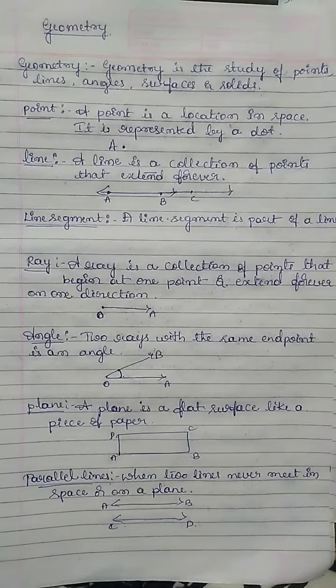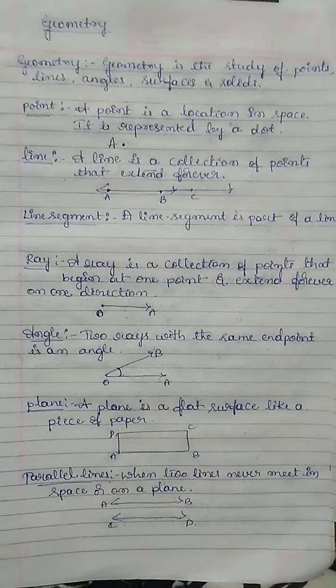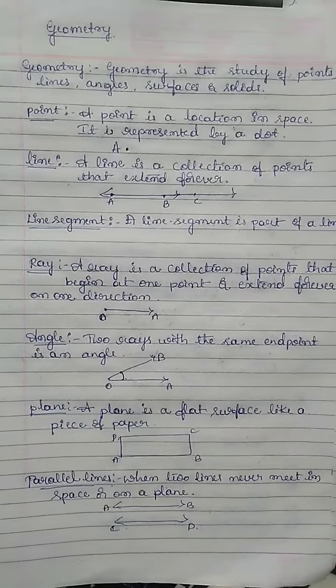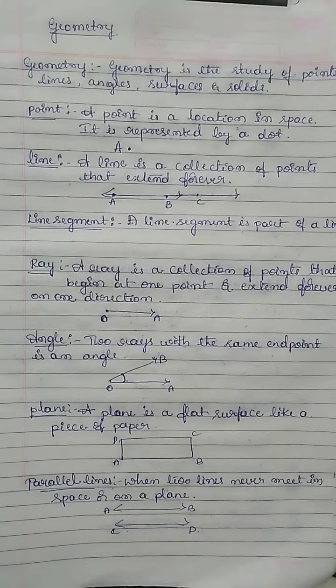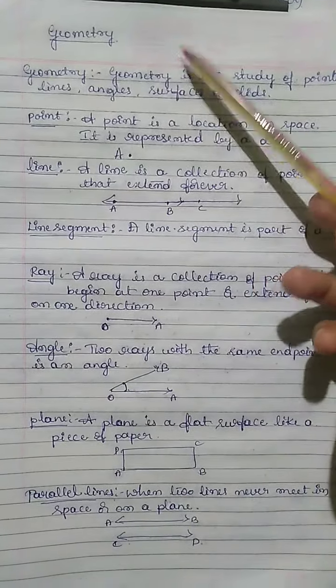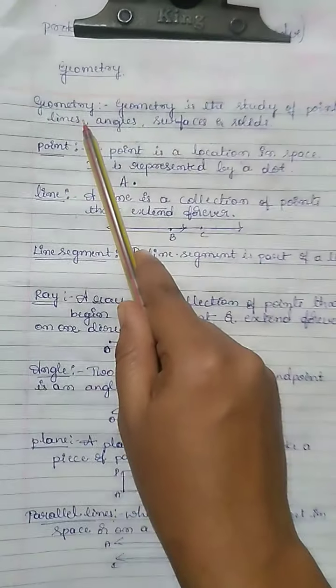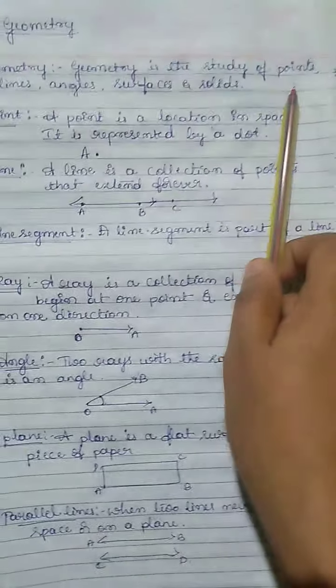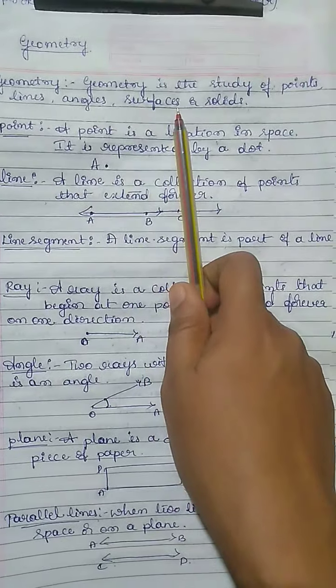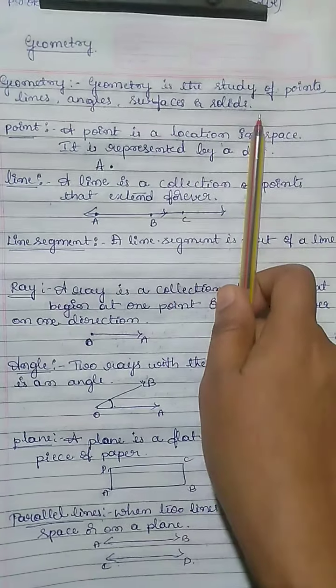Now, let us recall some more basic concepts that you learned under the branch of mathematics, that is geometry. As you learned, geometry is the study of points, lines, angles, surfaces and solids.